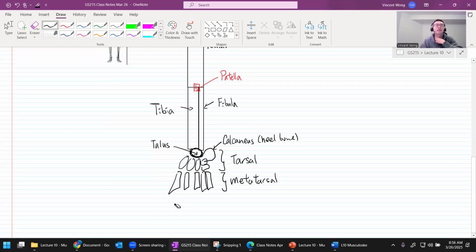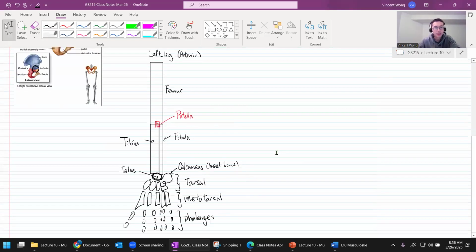And the phalanges. 2 for the thumb, big toe, and then 3 for the other ones. There you go. That's your leg.